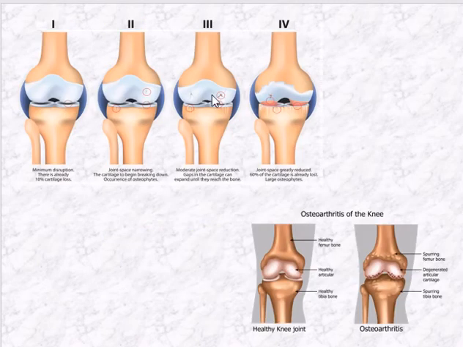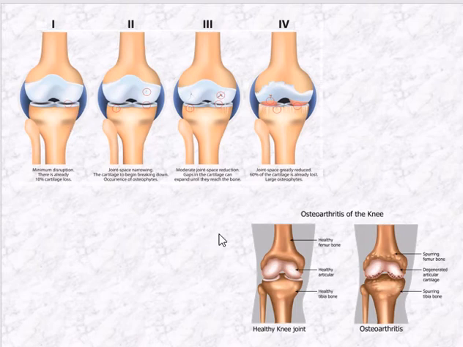Look at this picture. This is basically grading of osteoarthritis. In stage 1, there is almost 10% cartilage loss, minimal disruption basically.